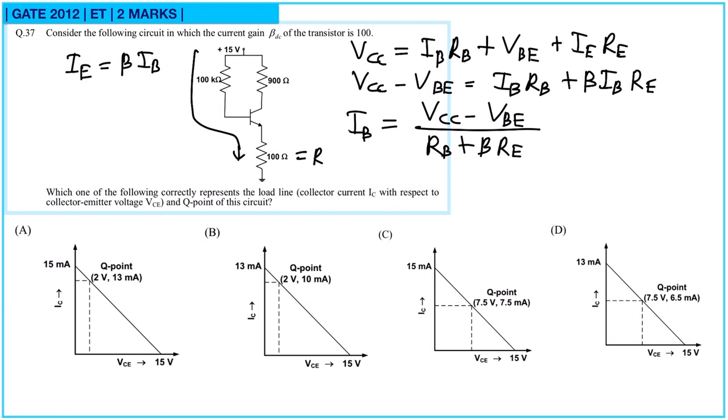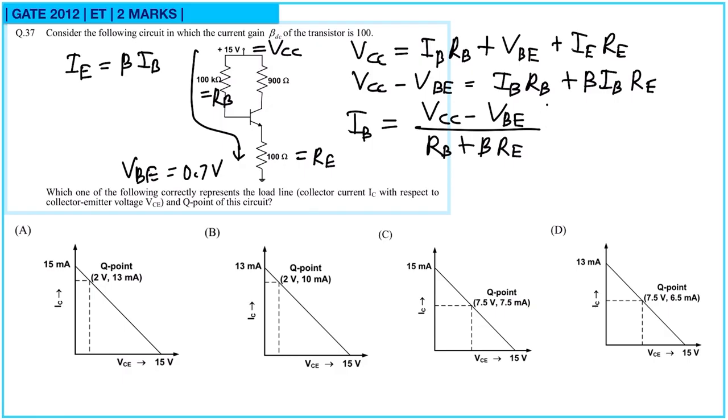Now this is RE, this is RB and this is VCC, and VBE is given. Even if it is not given, we can take VBE to be 0.7 volt.